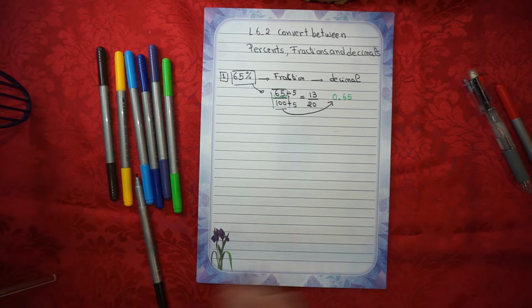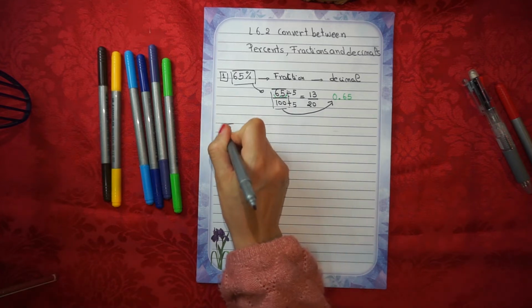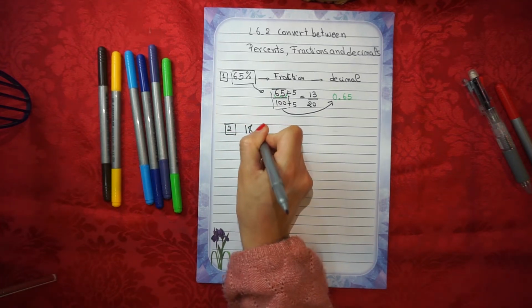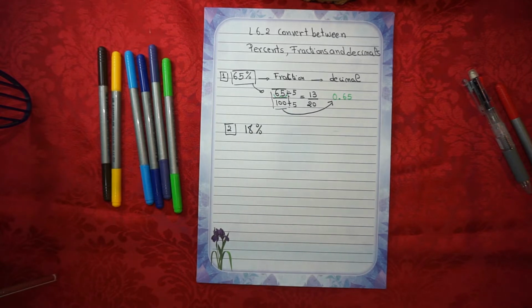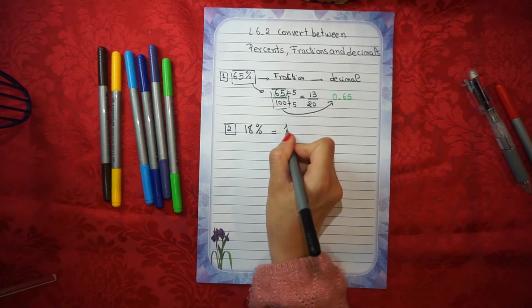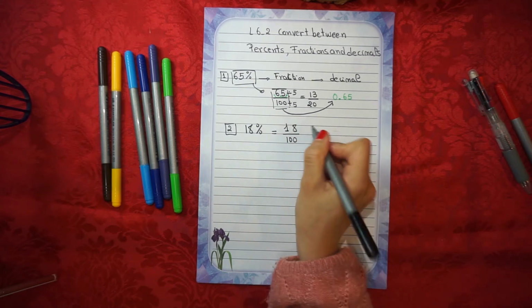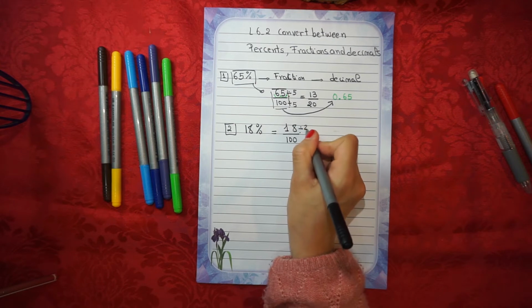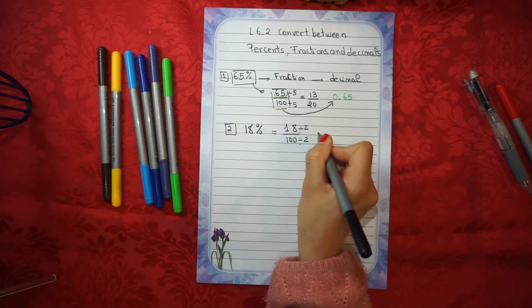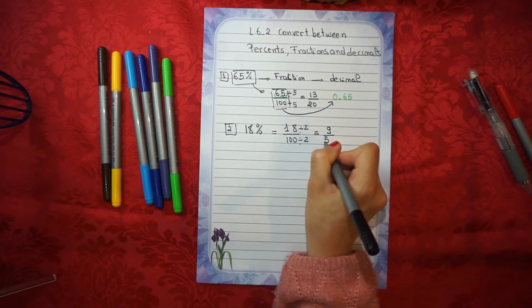So suppose here I have 18%. I'm gonna do the same thing to find the fraction. I'm gonna write the number as it is over 100. So here we can divide the numerator and denominator both by 2. So I'm gonna be left with 9 out of 50.